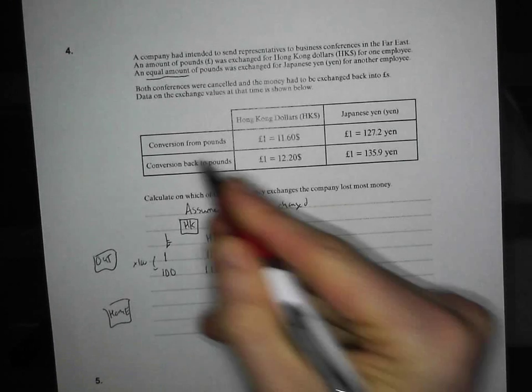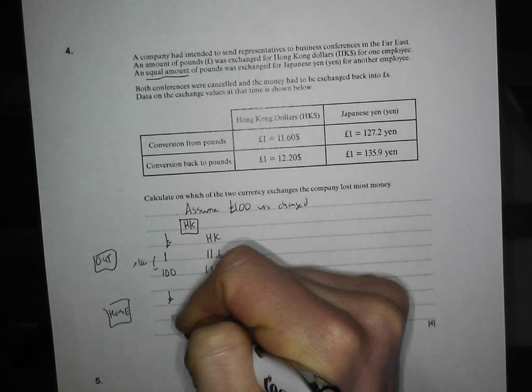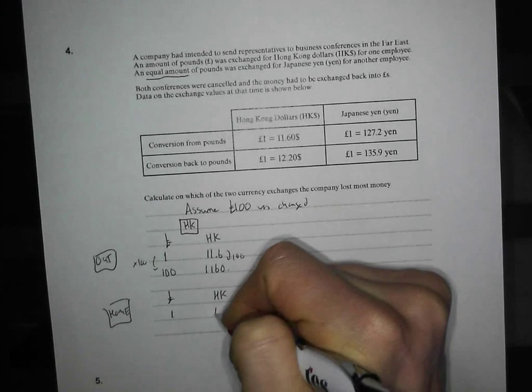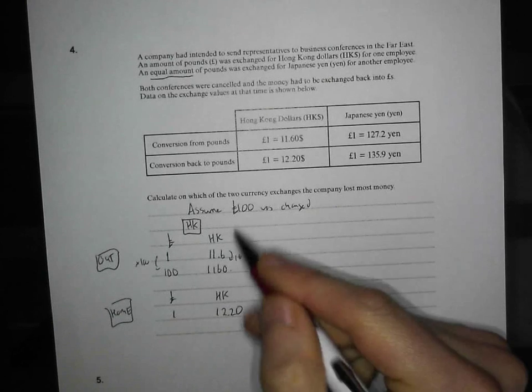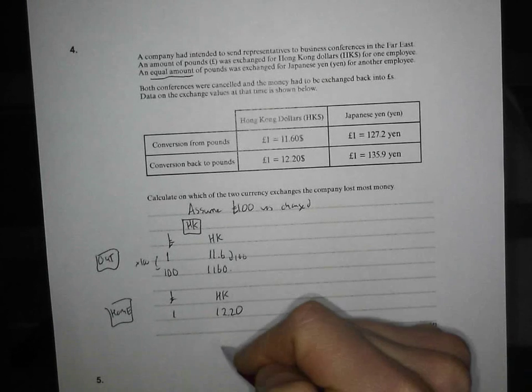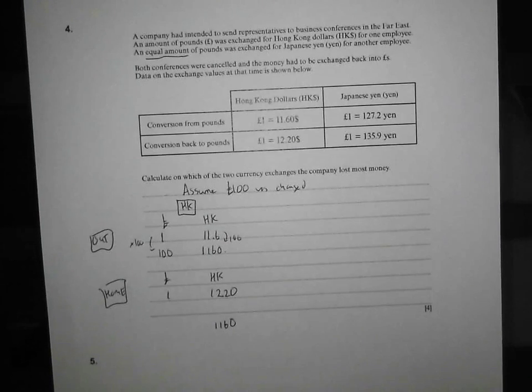Okay, so we know that £1 this time gets us 12.20 Hong Kong dollars, but we don't want that. What we know is we've got $1,160. So my advice is the same as the way I tackled the Keith question.